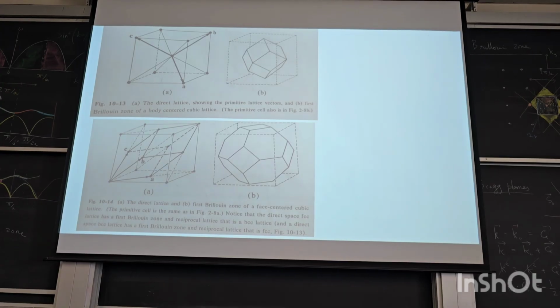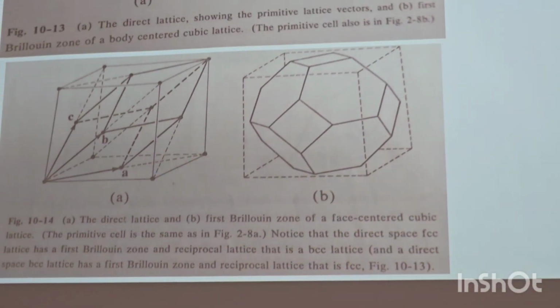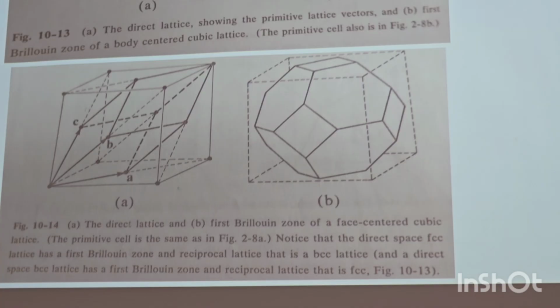If you have the body-centered direct lattice, we know that its reciprocal space is face-centered. So for this face-centered reciprocal space, which is the Fourier transform of the body-centered lattice, and then you draw the first Brillouin zone, it comes out to have this shape. It will have many faces, multiple faces, probably 10 faces.